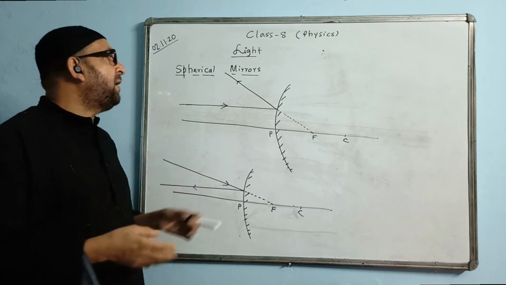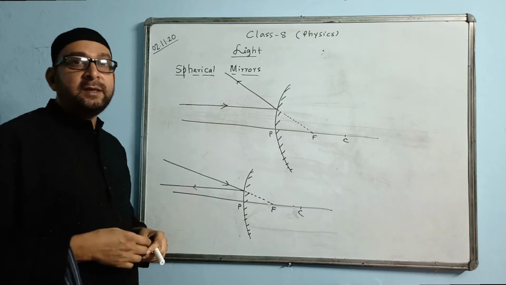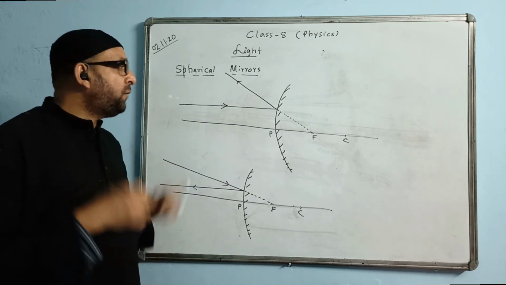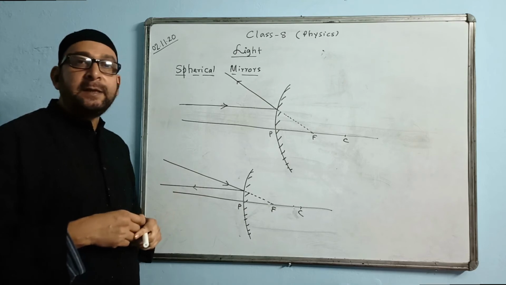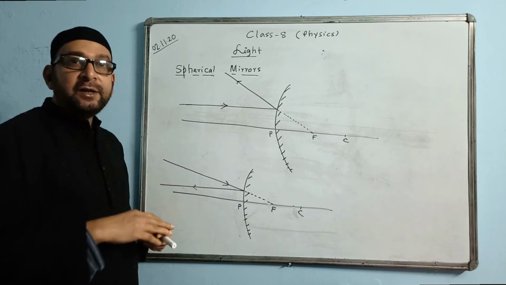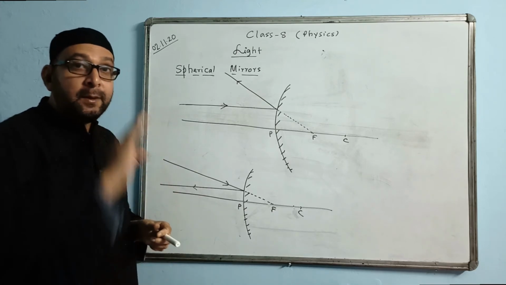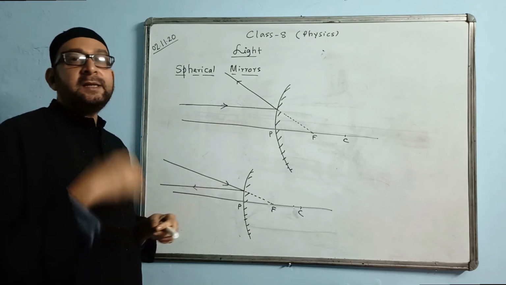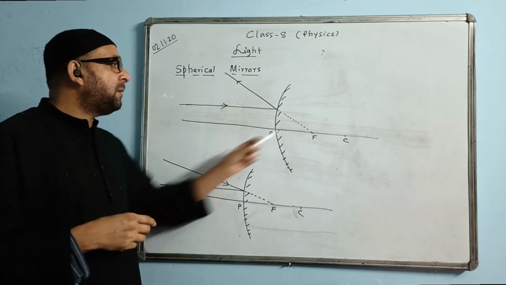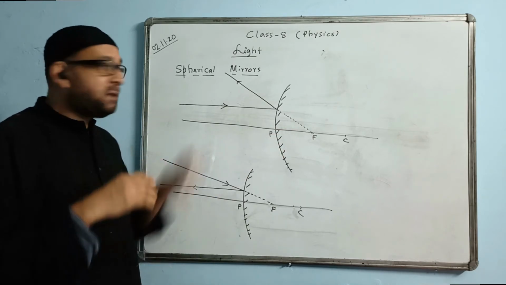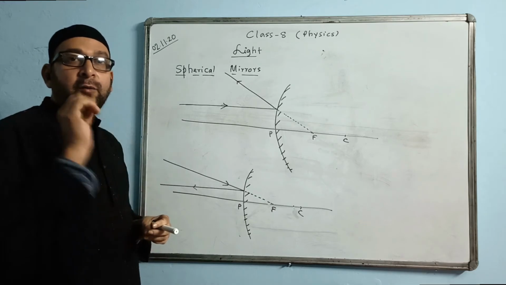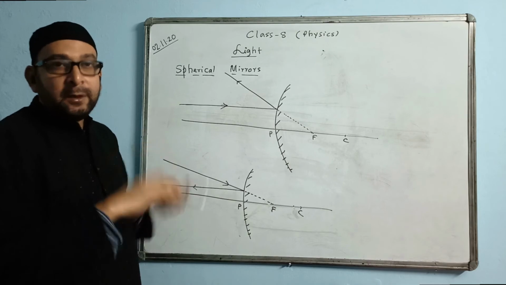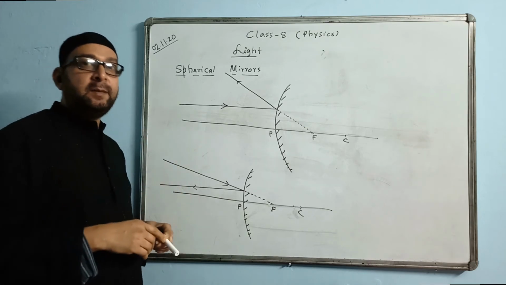But if they say define the focus of a spherical mirror, we say it is a point on the principal axis through which an incident ray parallel to the principal axis, after reflection, either passes or appears to pass. Or we can give the alternative definition: it is the point on the principal axis of a spherical mirror through which an incident ray either passing or appearing to pass becomes parallel to the principal axis.